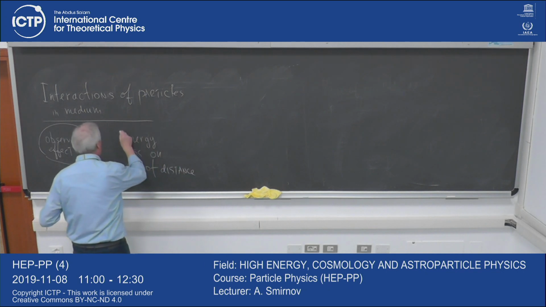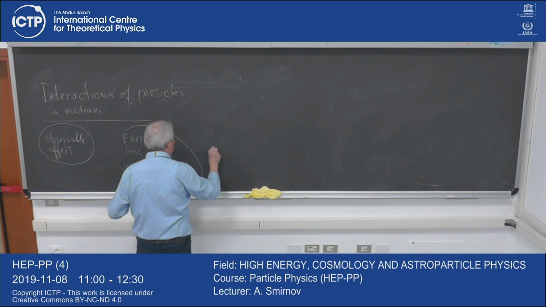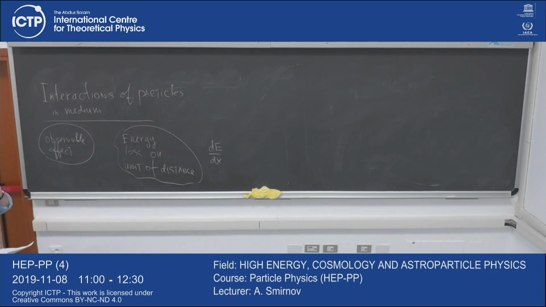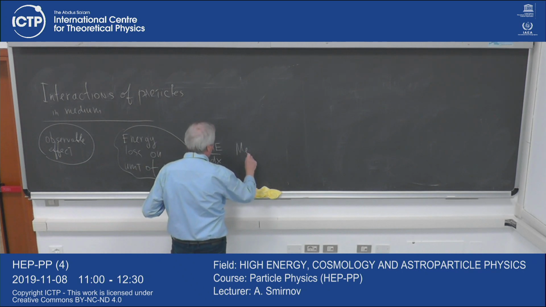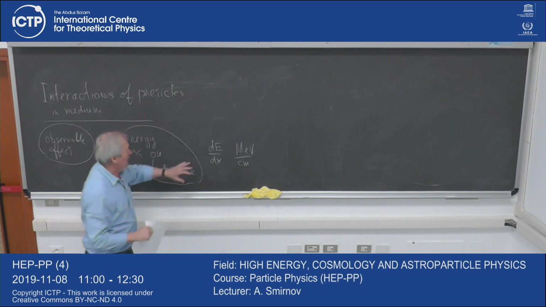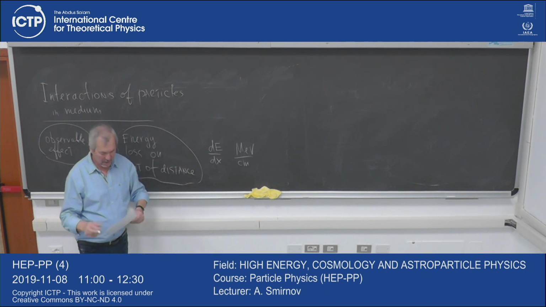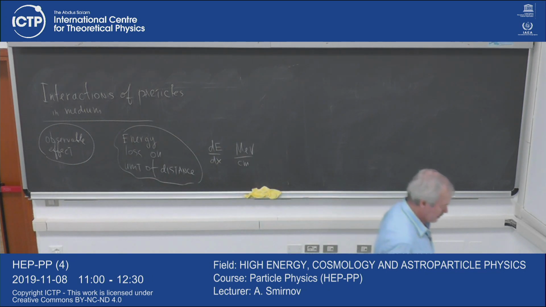This is an important characteristic of interaction, and we quantify it by dE over dx, usually measured in units of MeV per centimeter. Energy loss per unit of length. So this is an important quantity which we use in the description of particles.